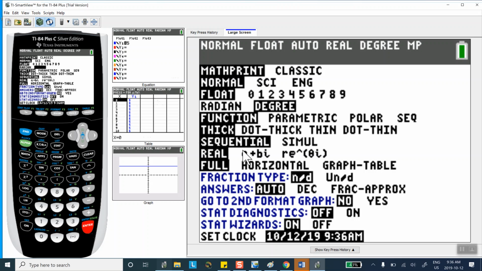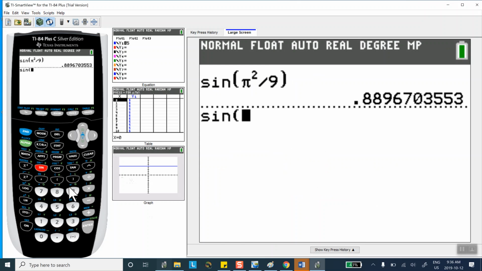It's in degrees right now. What I always do, if I'm not quite sure, is take sine of 90 degrees. If I don't get 1, it means I did not actually change my mode. 90 degrees better be 1. Yes, good.